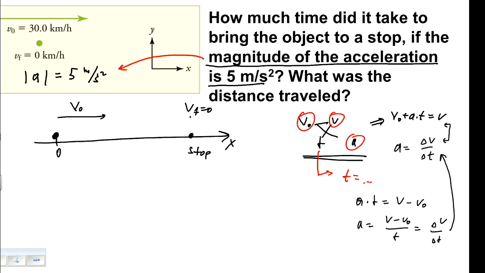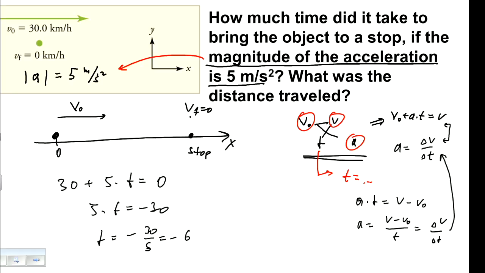6 seconds. So 30 plus 5 times time equals 0. 5 times time equals negative 30. Time equals negative 30 over 5. I got negative 6. So what do you do about it?